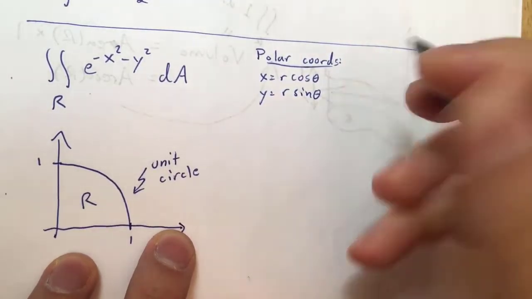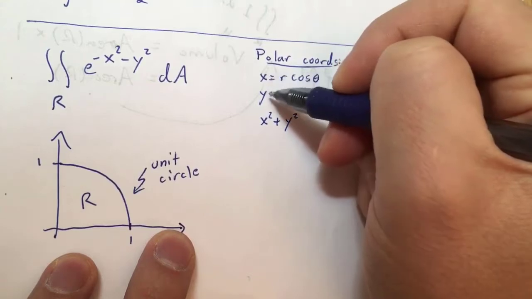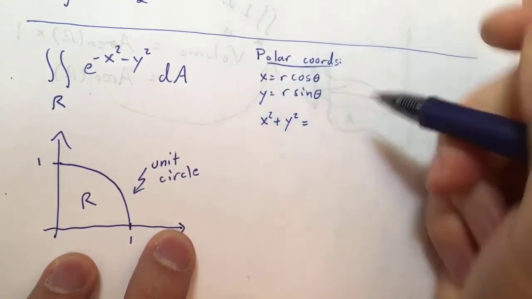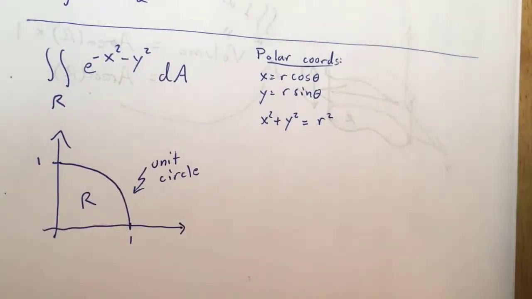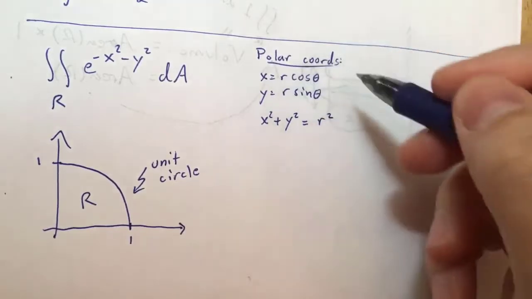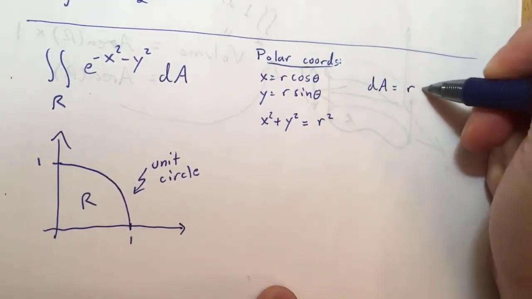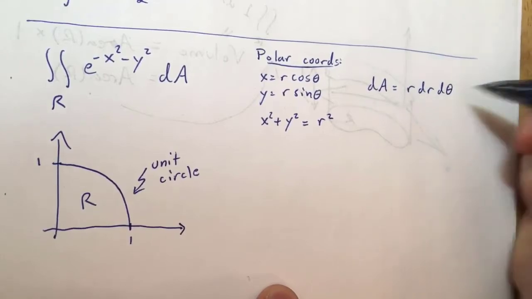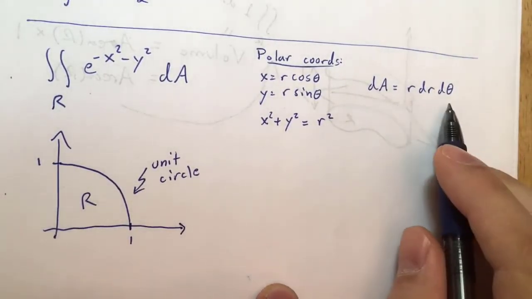And from that we know, using some trig, if you just take x squared and add y squared, you'll see you get r squared. Furthermore, we know that when we convert to polar coordinates, dA is equal to r dr d theta. And that's something that we learned when we talked about polar coordinates.